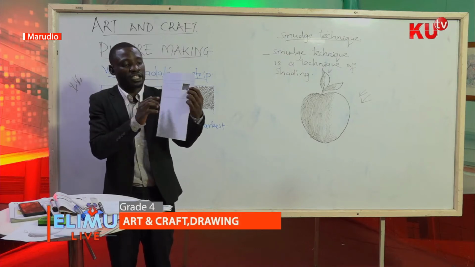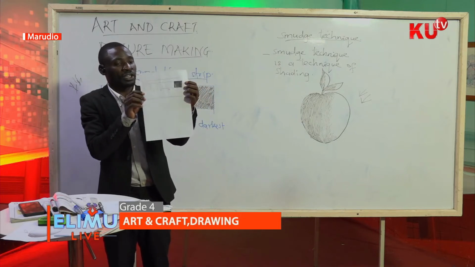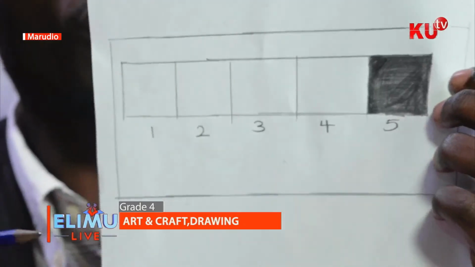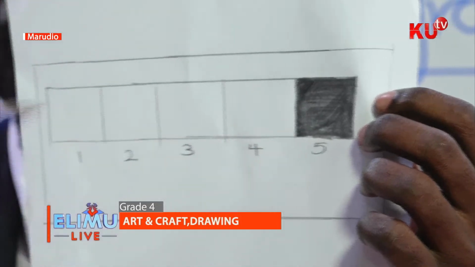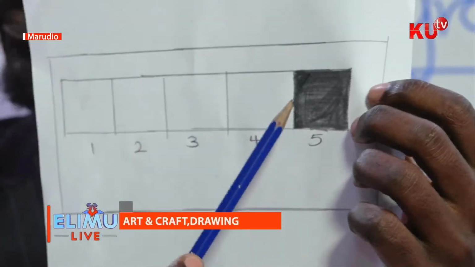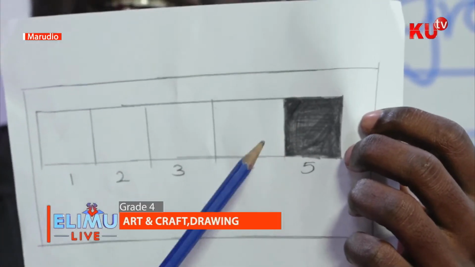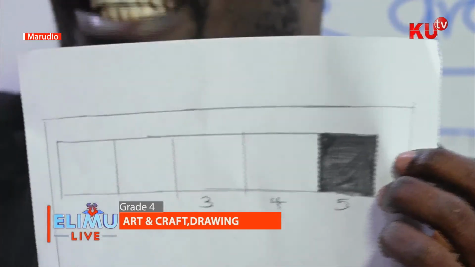So like I said, we are starting. It is dark, as you can see. Like we said earlier, we are moving towards the light. Box number 5 is the darkest, but I can still see some light, so we want to make it darker.